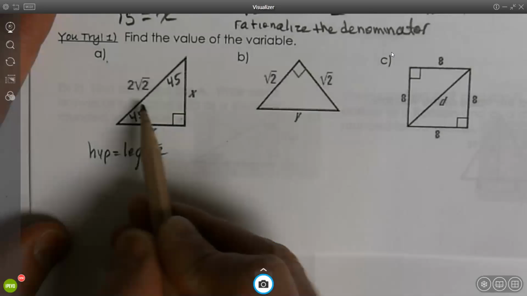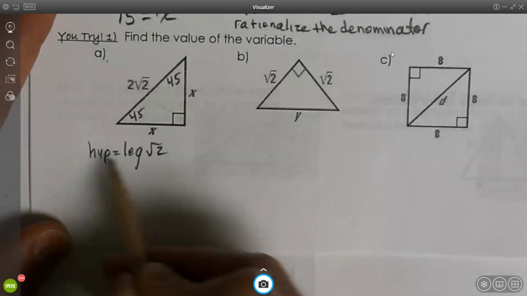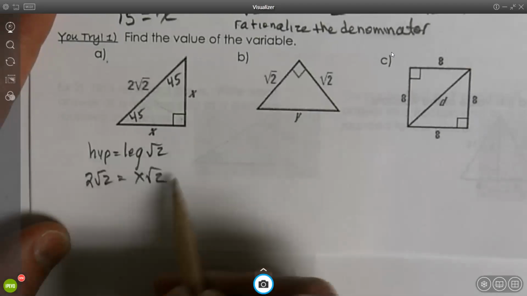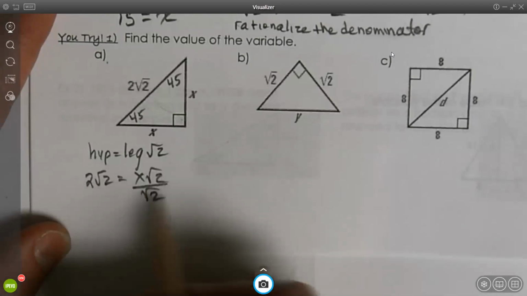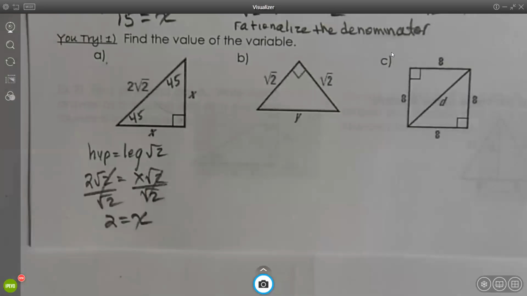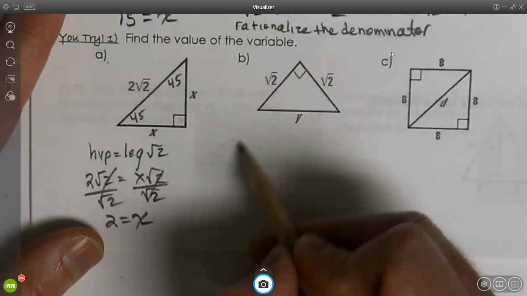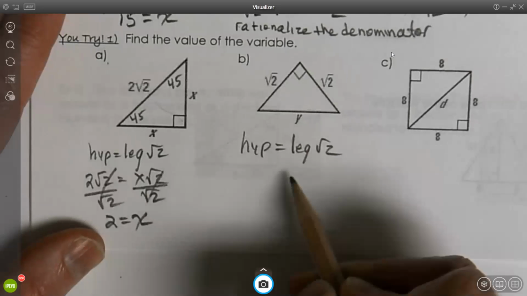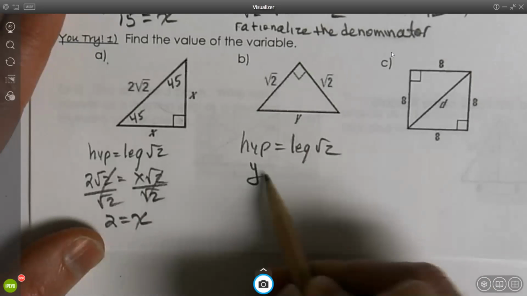So the hypotenuse, which is across from the 90, is 2 root 2. The leg is x root 2. We would divide by root 2 to get the x by itself, and x would have to be 2. Same idea again. We're looking for the hypotenuse, so that'll be called y.